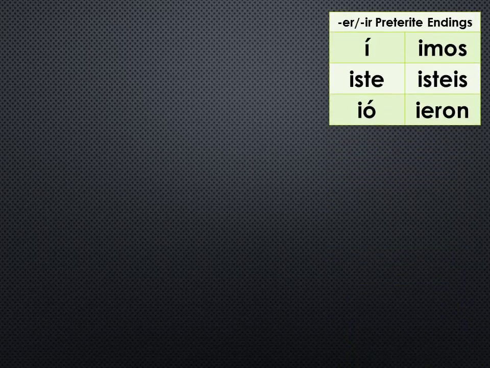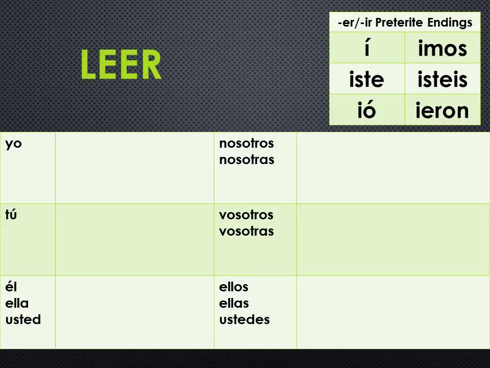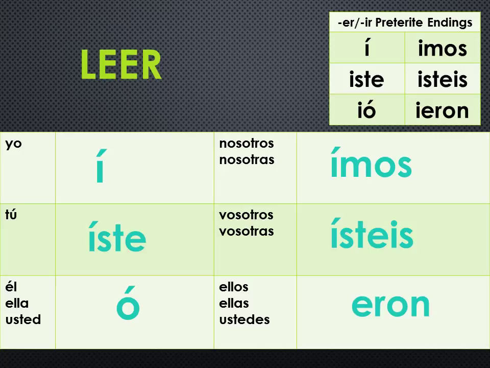All right, we're going to take a look at the verb leer for an example. Do not forget about our -er, -ir preterite endings, okay? So I've included those in this little chart on top. So we're going to take a look at the verb leer. All right, I am first going to place all of my endings just so you can see that all of the endings are the same except that the I's have accent marks.